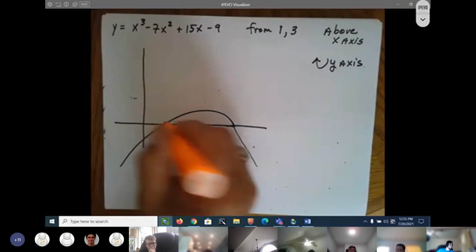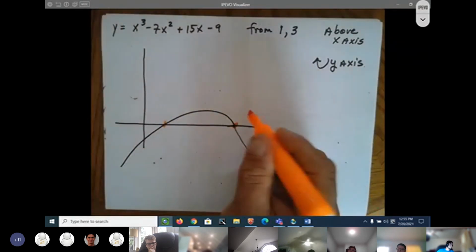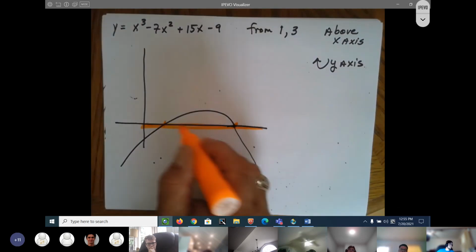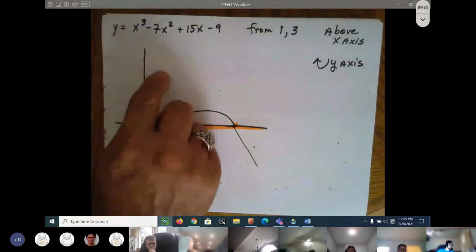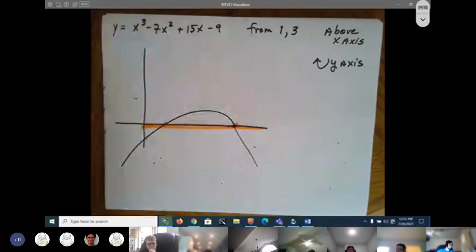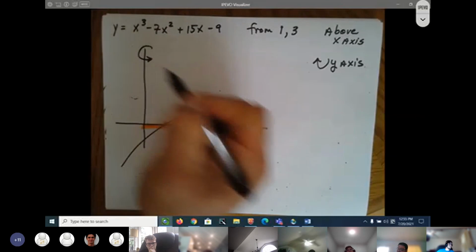So there's 1 to 3, and we know it's above the x-axis. So that pretty much leaves it to that little hump right there. And it's around the y-axis.